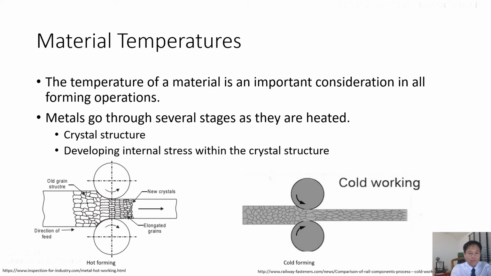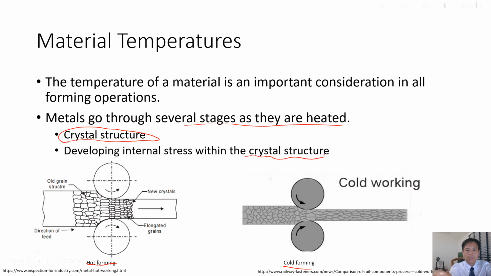The first one is hot forming, and the second is cold forming. The metal usually goes through several stages as it is heated. First, the metal forms a crystal structure, and then develops internal stress with the crystal structure.